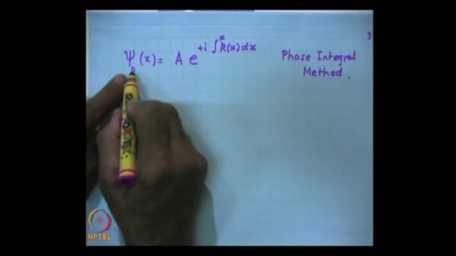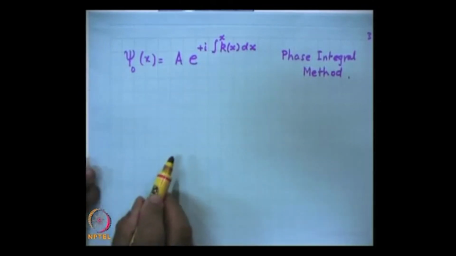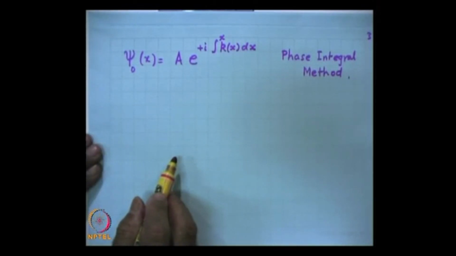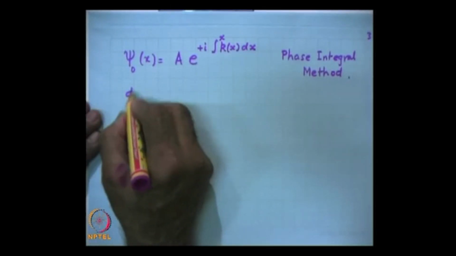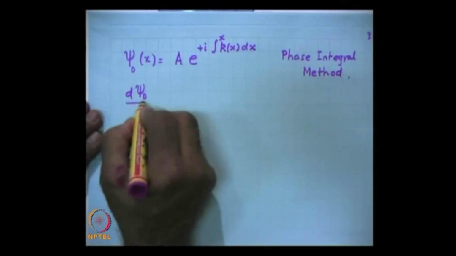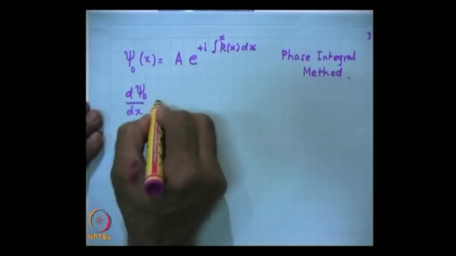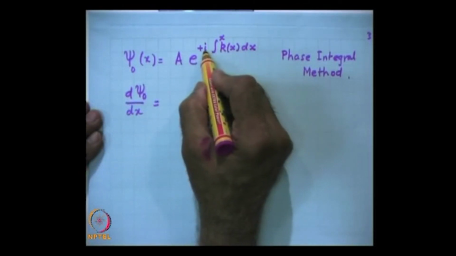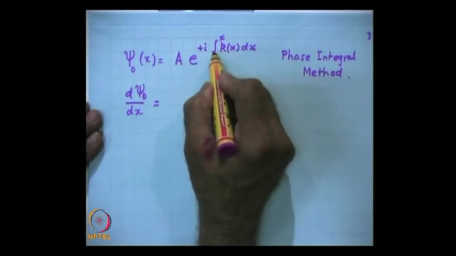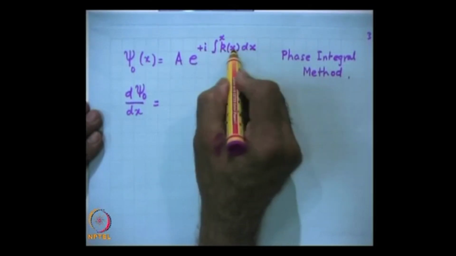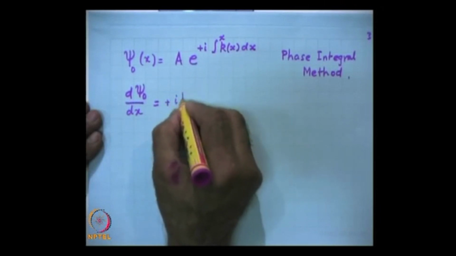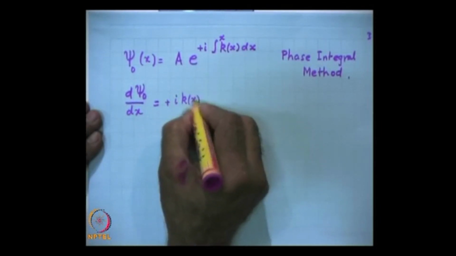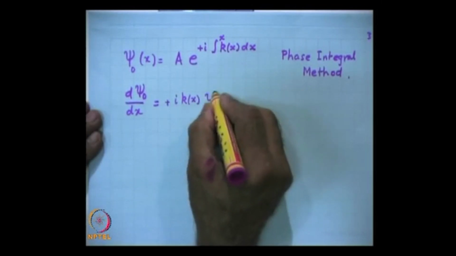So, let me find out what is the equation that psi 0 of x rigorously satisfies. I have here d psi 0 by dx. If I differentiate this, the differential coefficient of this will be k of x. So, this will be plus i k of x times the entire quantity psi 0.